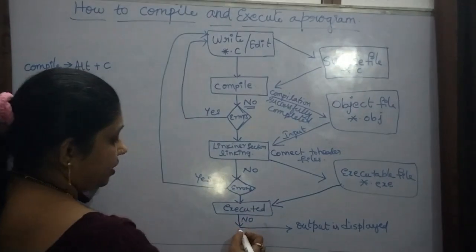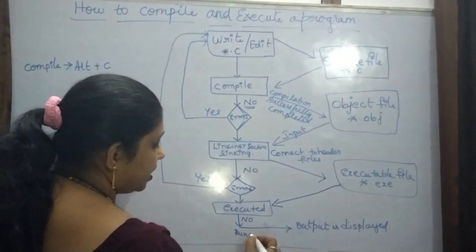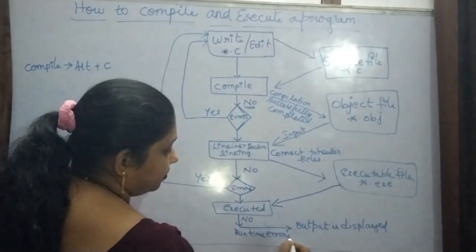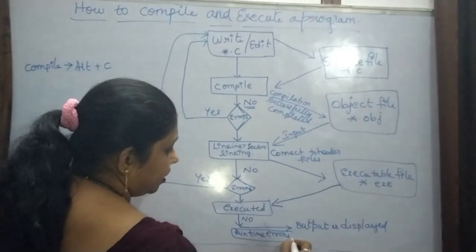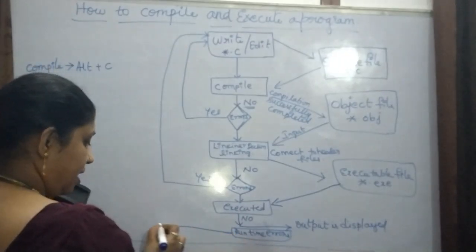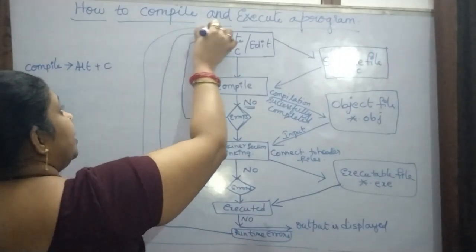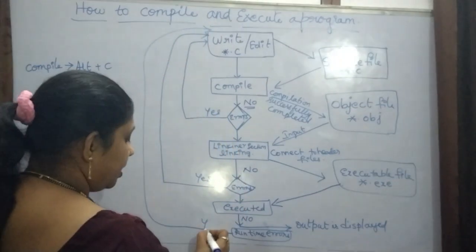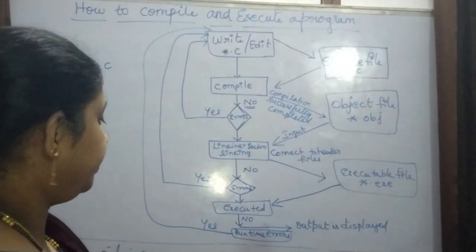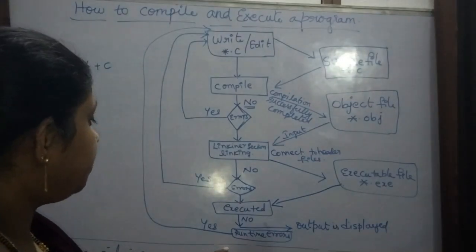If errors are there, you call them runtime errors. If you get any errors, again it has to go back to the source code and rectify the errors. So what is happening here?